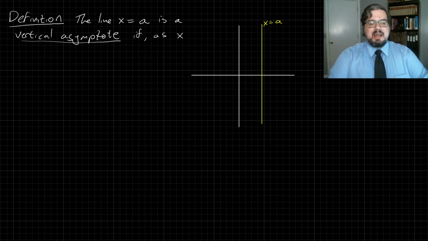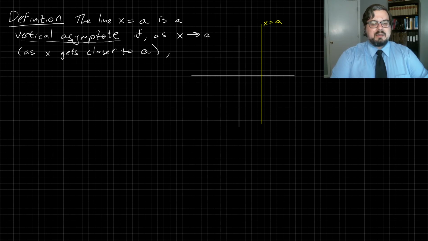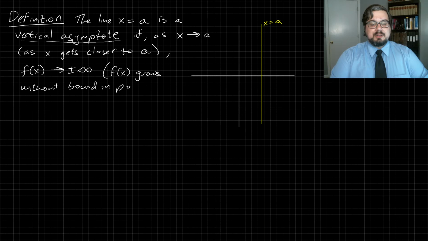as x goes to a, that is, as x gets closer to a, f of x goes to positive or negative infinity. That is, f of x grows without bound in the positive or negative direction.